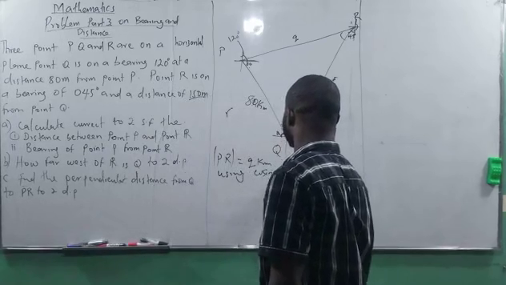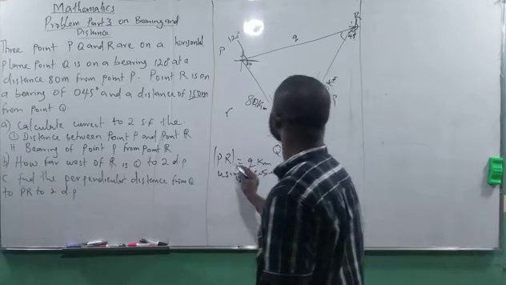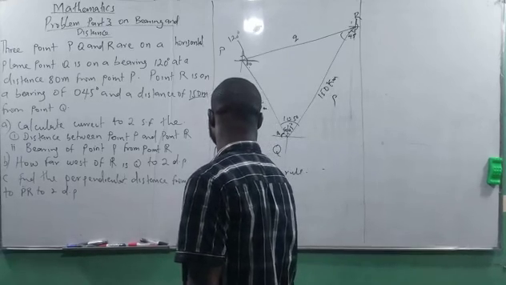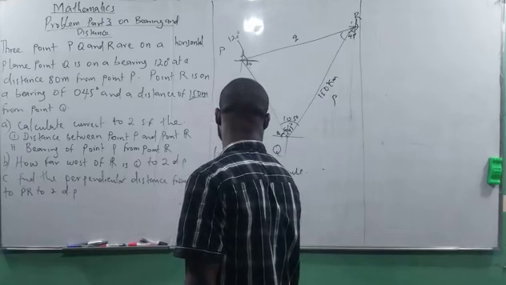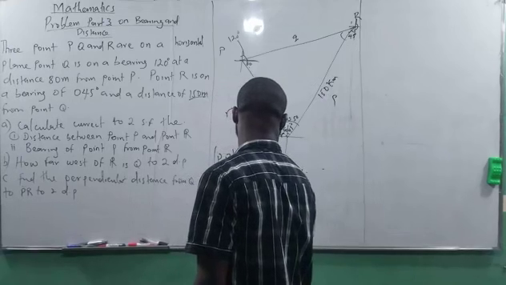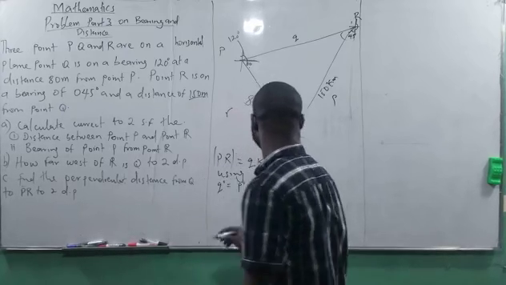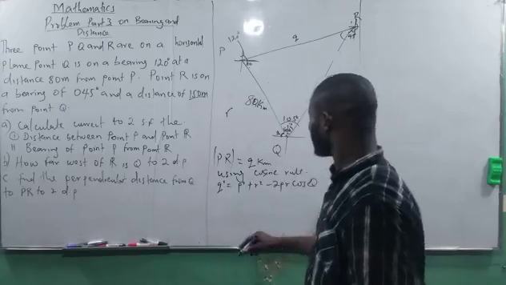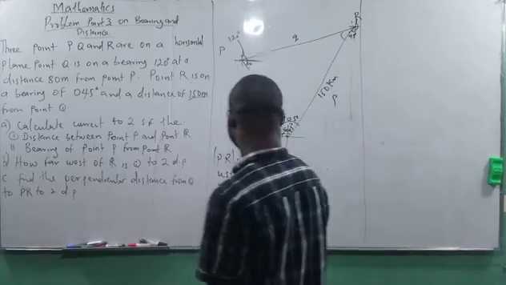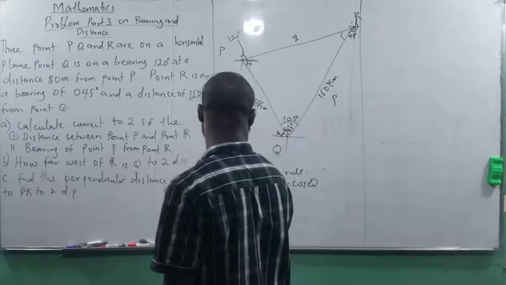What the Cosine Rule is telling us is that Q squared equals P squared plus R squared minus 2PR cos Q. Now, I know that this is 105 and is in the second quadrant. Definitely it will be minus.